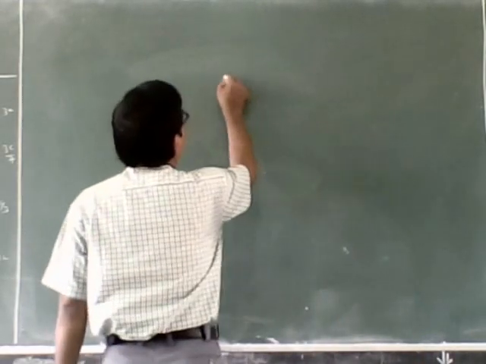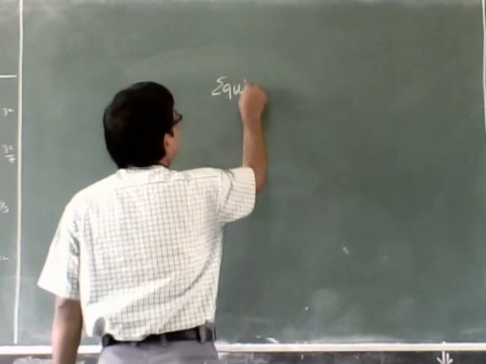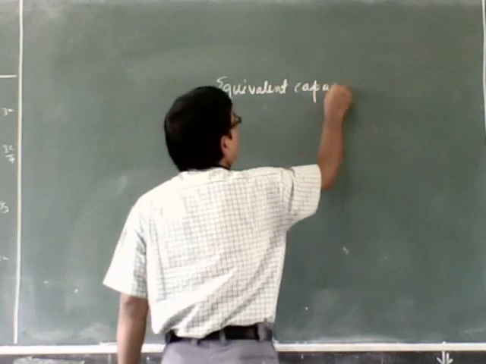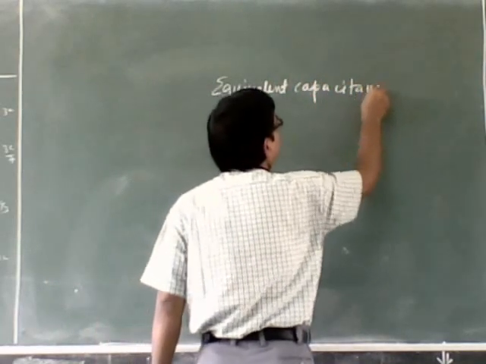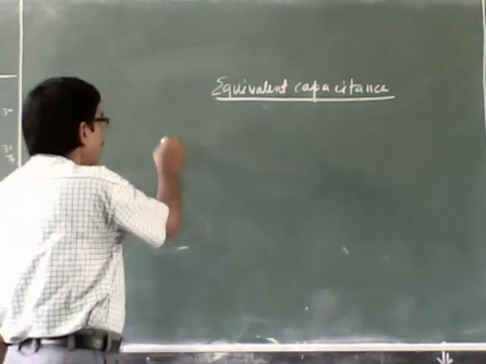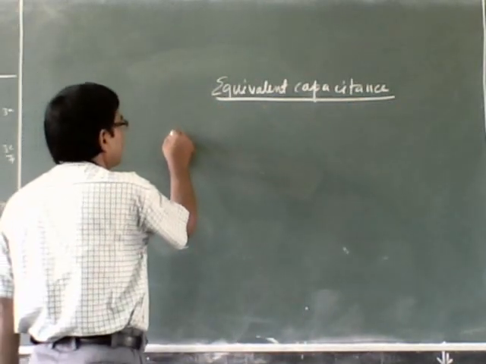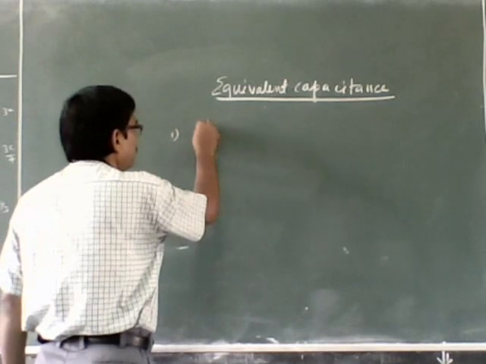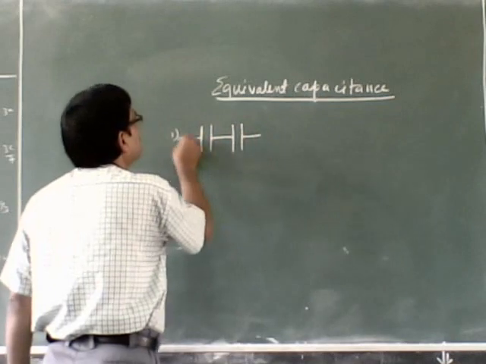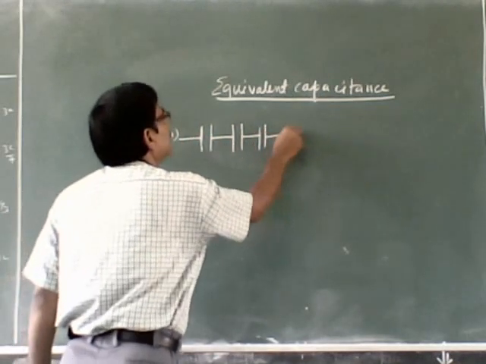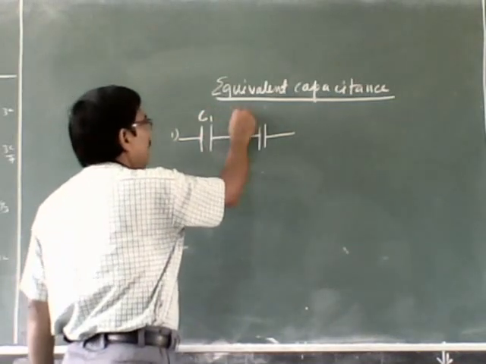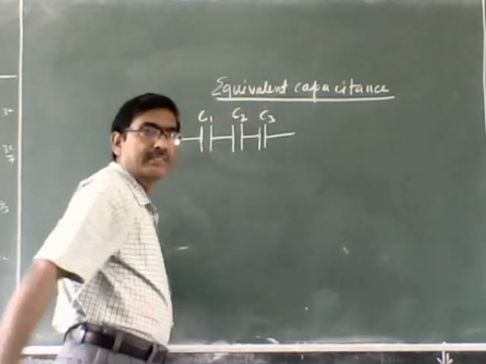Equivalent capacitance. You know that when capacitors are connected in series, suppose these three capacitors have capacitances C1, C2, C3.